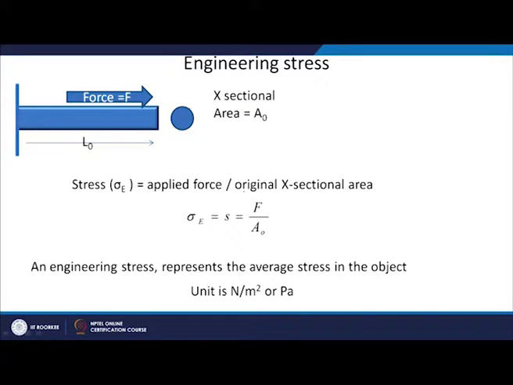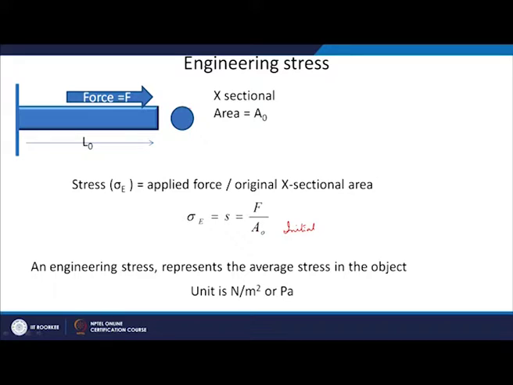So we are now very specific about which area we are talking about: the original or initial area. When we started the experiment, whatever the original cross sectional area of the material was, we are talking about only that area, and the force is divided by that area.